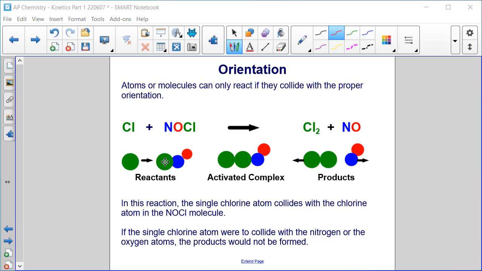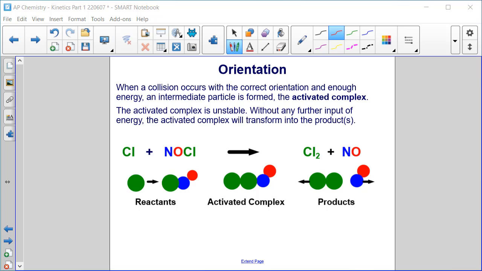If the single chlorine atom were to instead collide with the nitrogen or the oxygen, the products would not be formed. The collision has to be between the two chlorine atoms to form this intermediate known as an activated complex. And then finally we get our products, the chlorine molecule and nitrogen monoxide, NO.